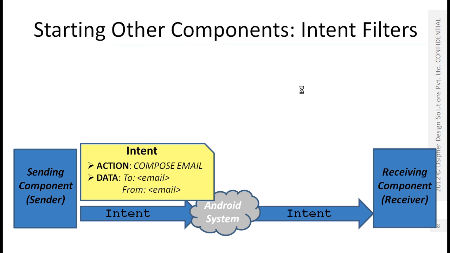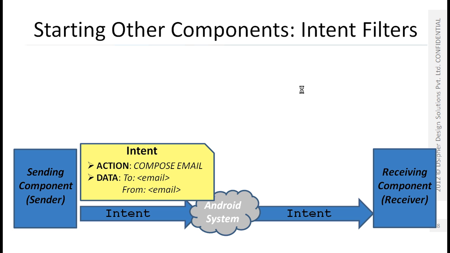Suppose your Android system has only one browser, then it will not ask the user to choose between browsers. It also depends on the action you want to perform with your intent.